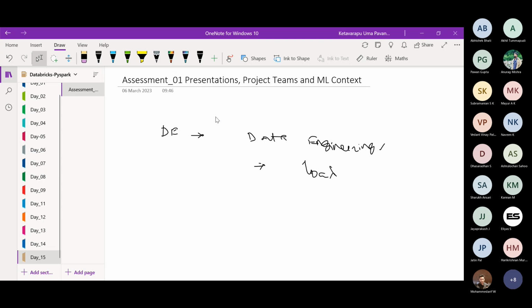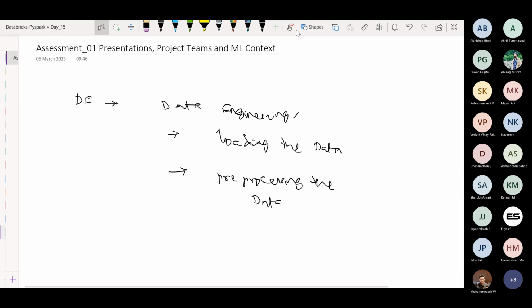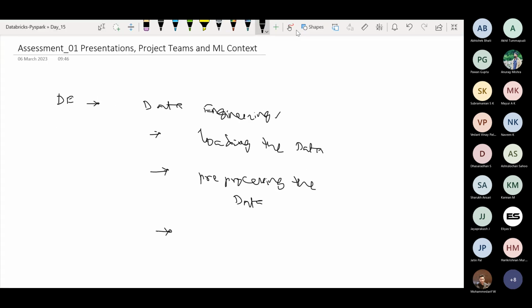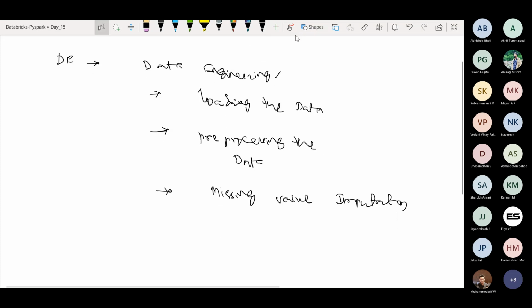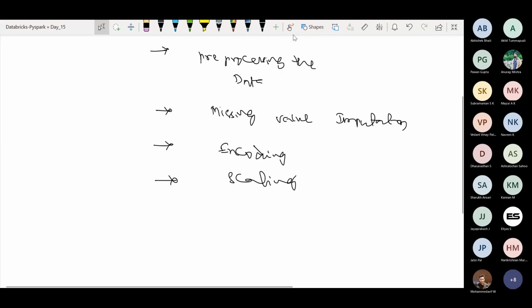Loading the data, and then pre-processing the data, and apart from that, this pre-processing may involve missing value imputation, encoding, scaling, and feature engineering.